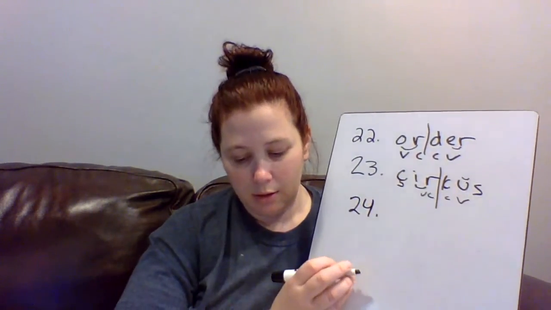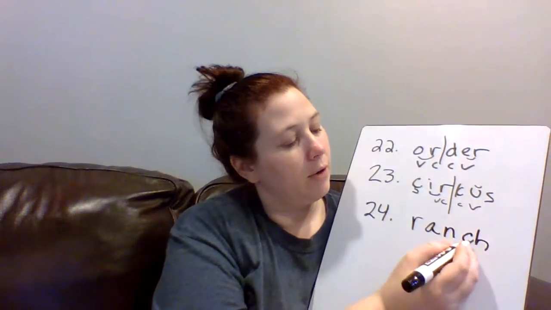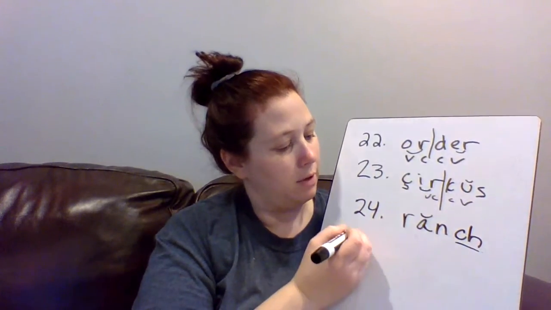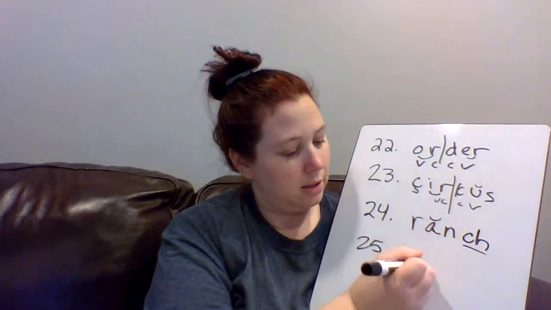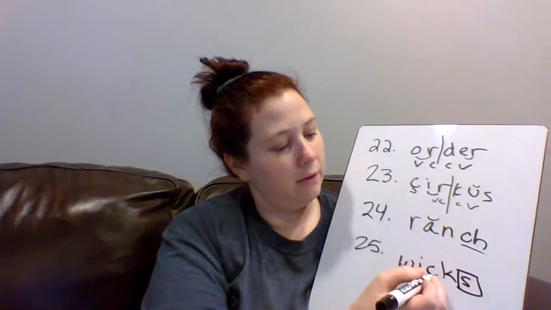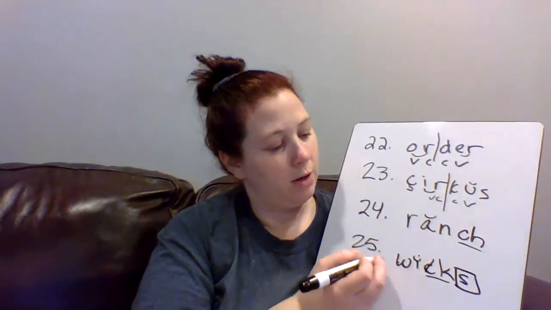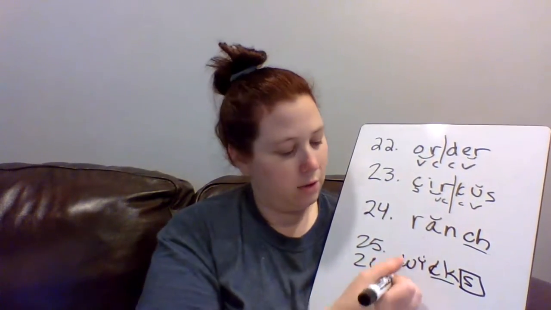24. Ranch. Here we have our digraph CH and then vowel consonant, so our A gets a brev. 25, wicks. We have our suffix S. We have our CK digraph where we cross off our C, and then our I just gets a brev. 26, yoke.